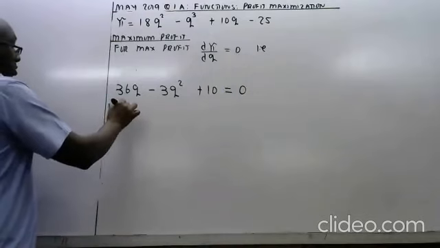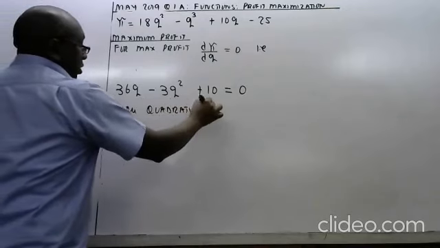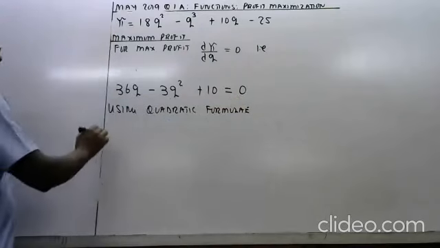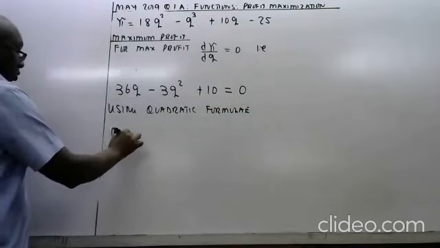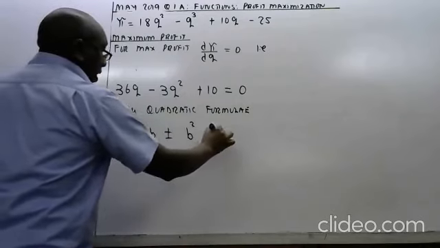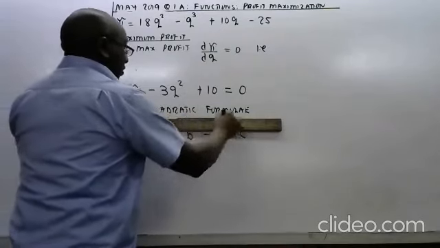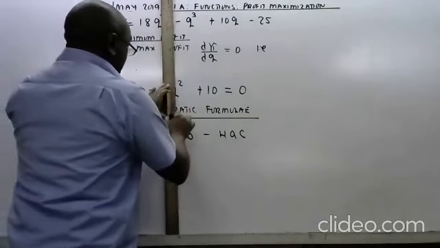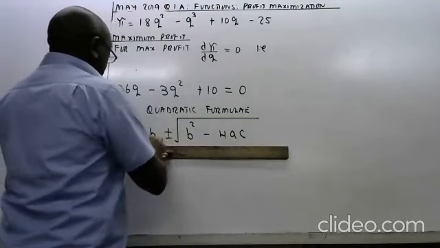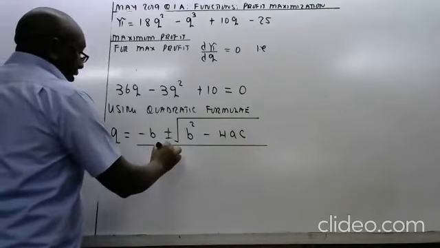Then we use the quadratic formula, which we know is Q is equal to minus b plus or minus the square root of b squared minus 4ac, you divide by 2a.